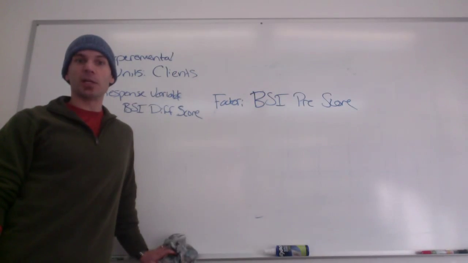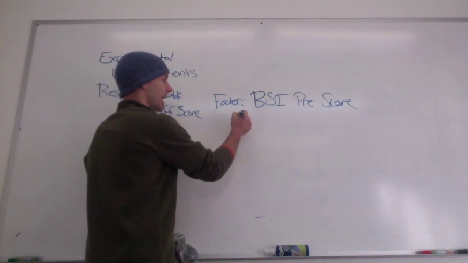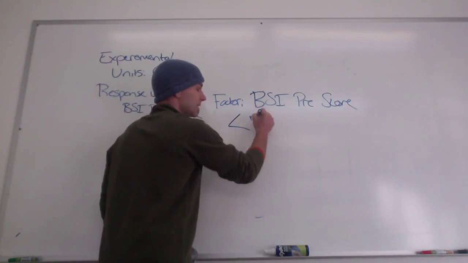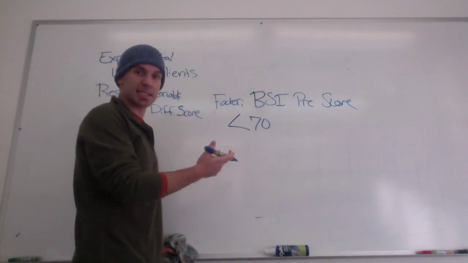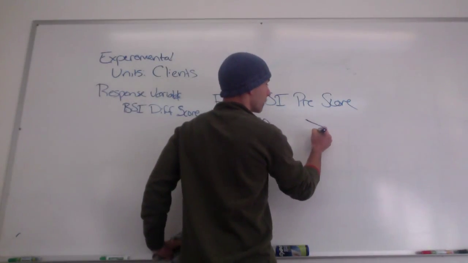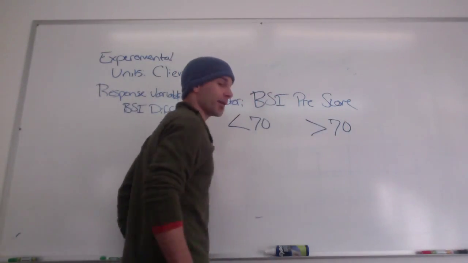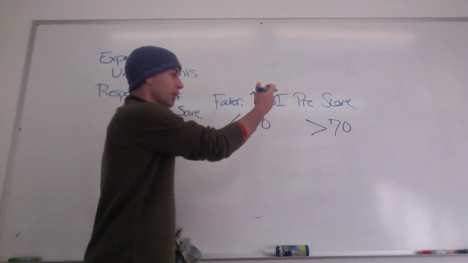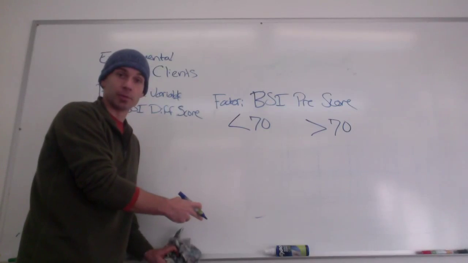And we had to break it down into 2 levels. So we had a greater than 70 or a less than 70 BSI pre-score, and then we ran the ANOVA with those 2 levels.